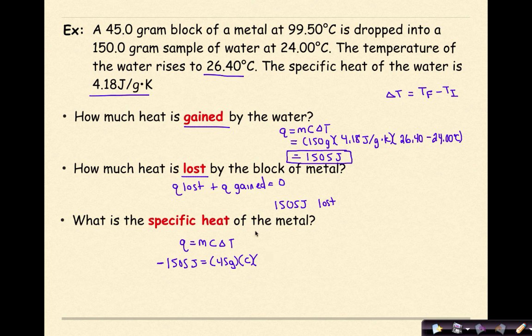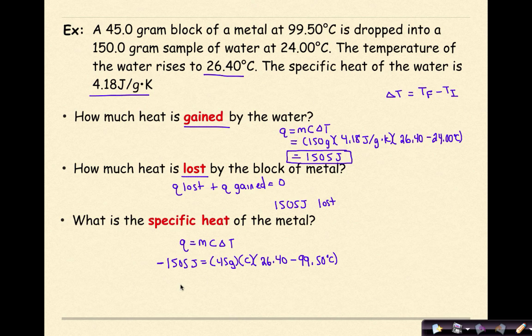The final temperature of our water-metal mixture is 26.4 degrees Celsius minus the initial temperature of the metal, which is 99.50 degrees Celsius. And I put this negative here on purpose because when I take the difference in these two numbers, I'm going to get a negative number, and specific heat needs to be a positive value.